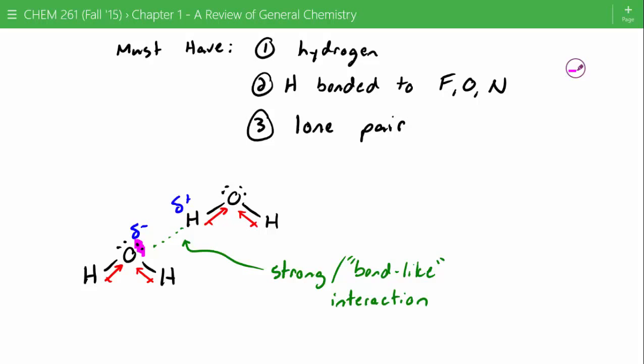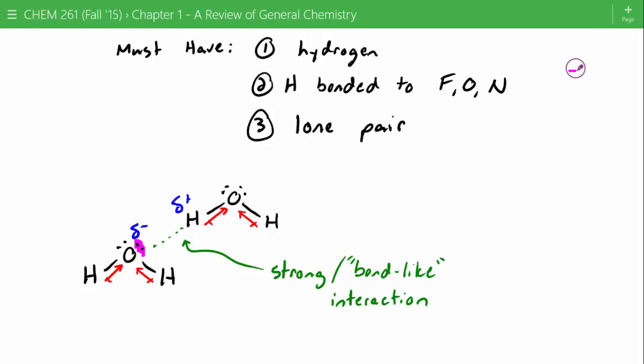And so in essence, these electrons get donated into this hydrogen and stabilize it quite a bit. So we call the hydrogen the hydrogen bond donor, and then this is the acceptor. So you always have to have this matching pair between a hydrogen coming off of your fluorine, oxygen, or nitrogen, and then a lone pair as well.